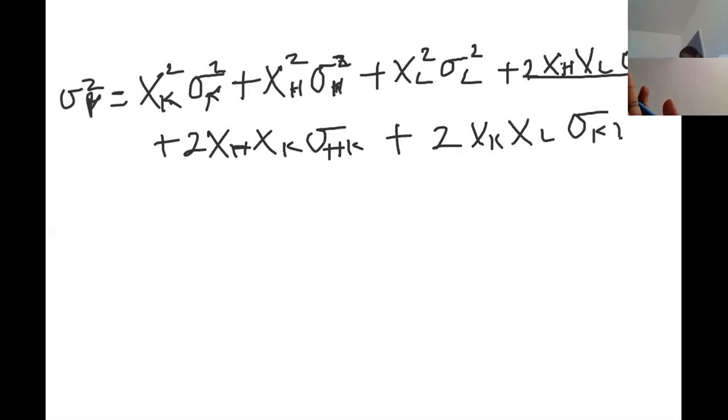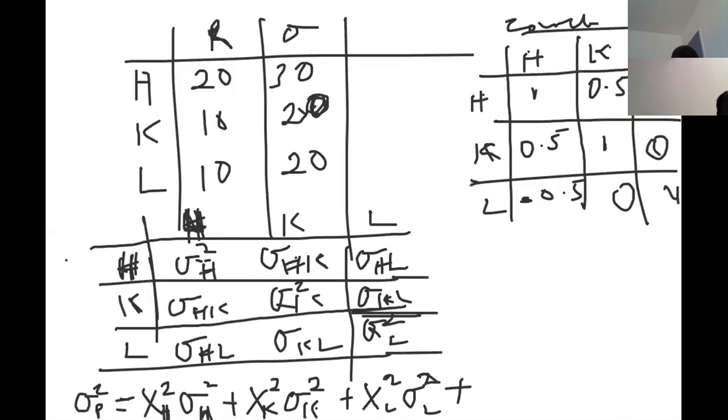Is it okay? Now, this formula, I was trying to explain how I got it from this. So in this case, this is H, right? And it's moving with this one. So H times H is H squared, multiplied by the variance.